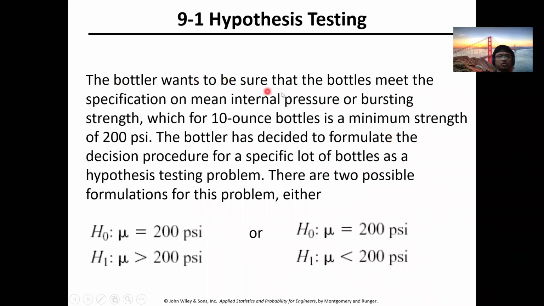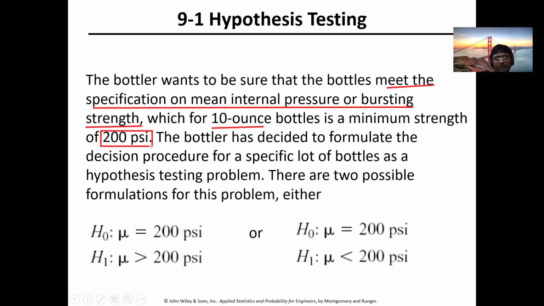Suppose a bottle manufacturer wants to show that the bottles meet the specification on internal bursting strength, for which a 10 ounce bottle has a minimum strength of 200 psi.